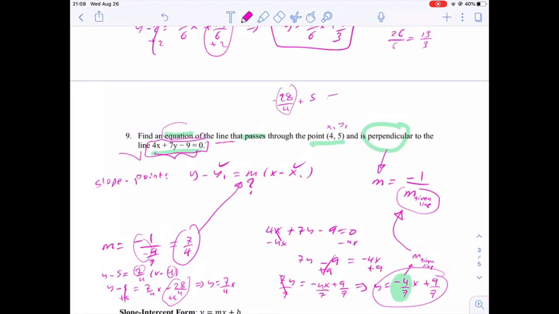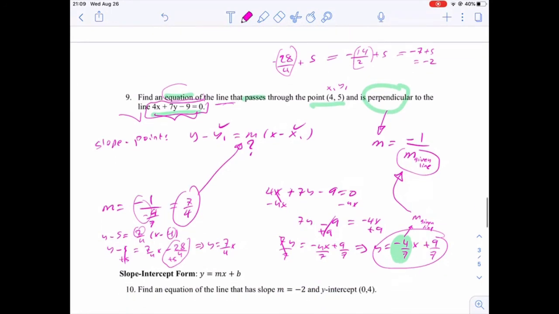Actually, this can be simplified more. This is -14 over 2, which is -7, plus 5. So -7 plus 5 is -2.